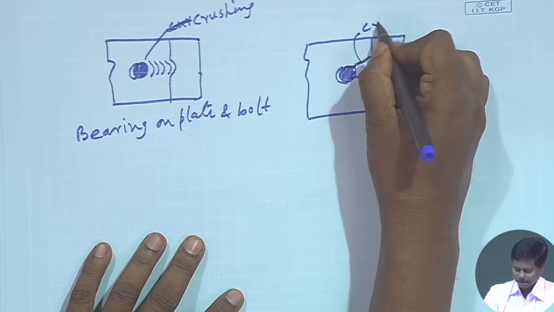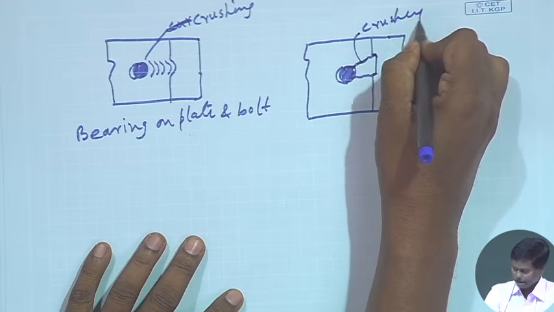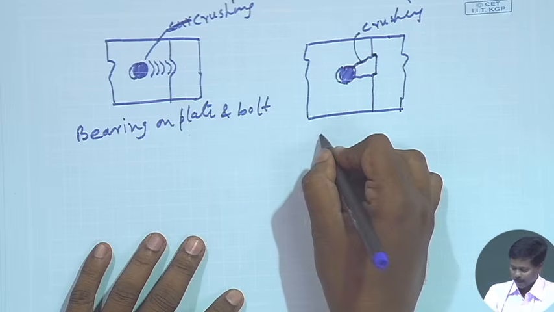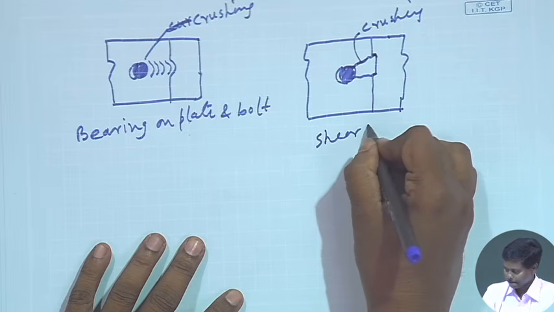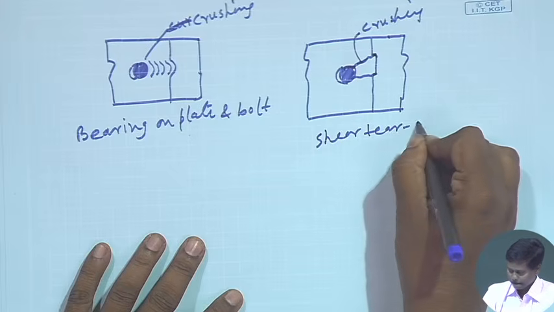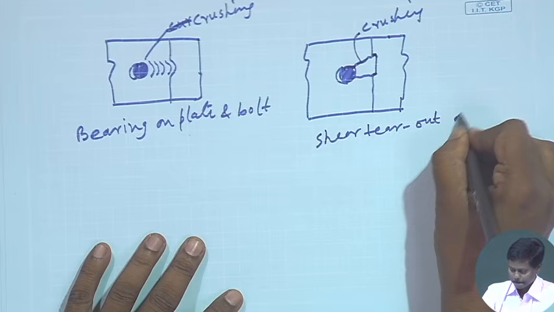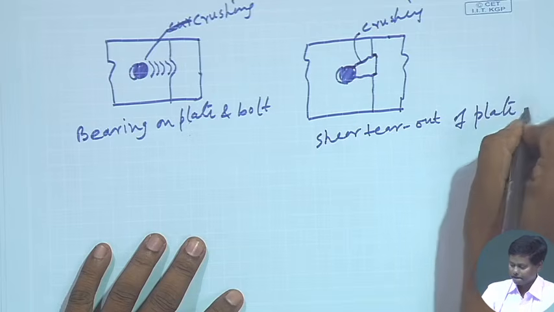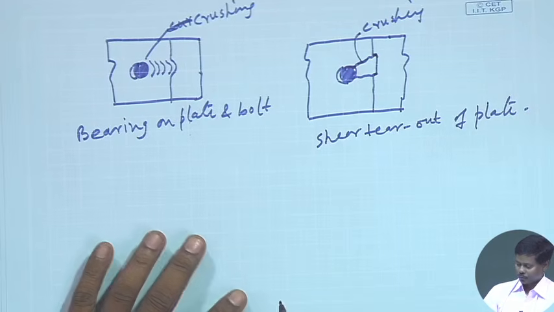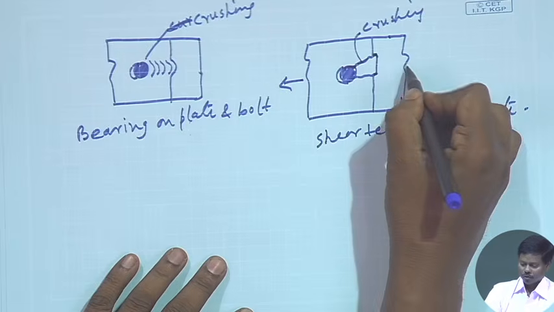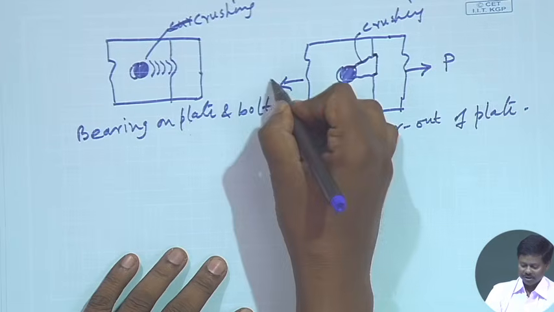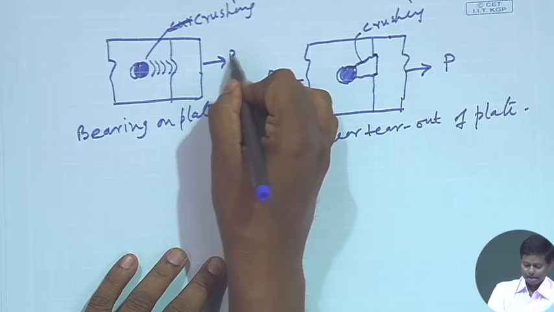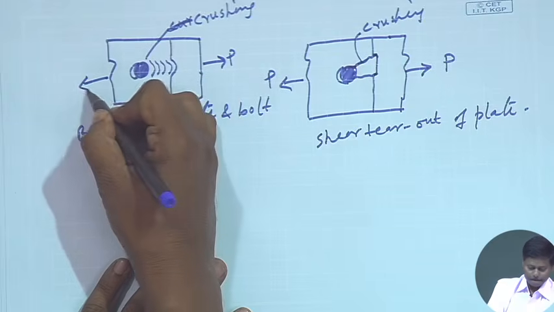This is crushing. Shear tear out of plate. Such a type of failure may also occur when force P is in this direction.